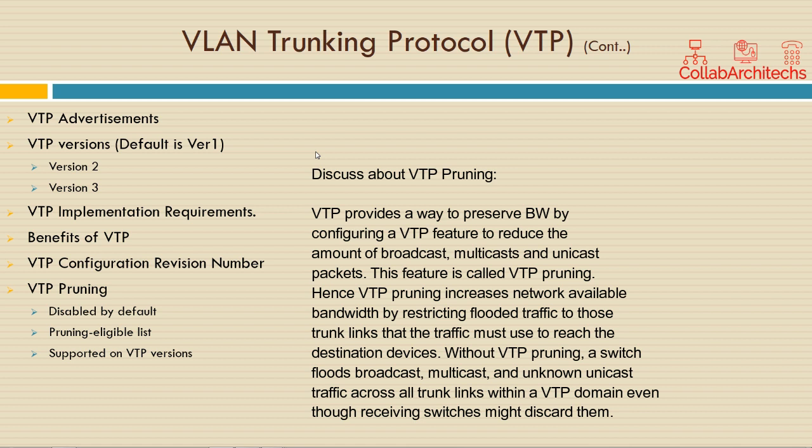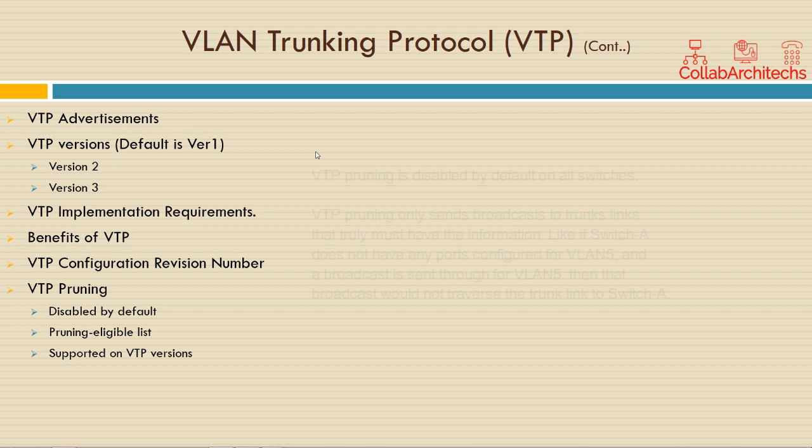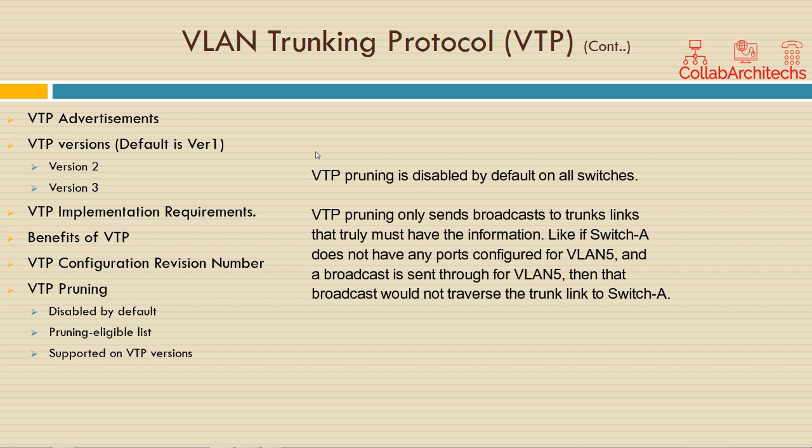Hence, VTP pruning increases network available bandwidth by restricting flooded traffic to those trunk links that the traffic must use to reach the destination devices. Without VTP pruning, a switch floods broadcast, multicast, and unknown unicast traffic across all trunk links within a VTP domain, even though receiving switches must discard them. VTP pruning is disabled by default on all switches.